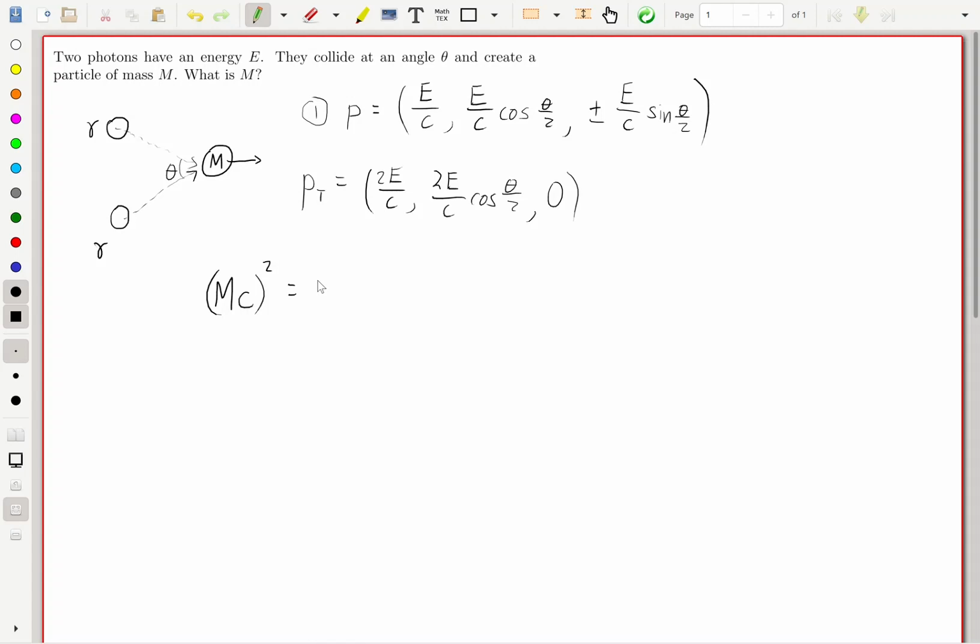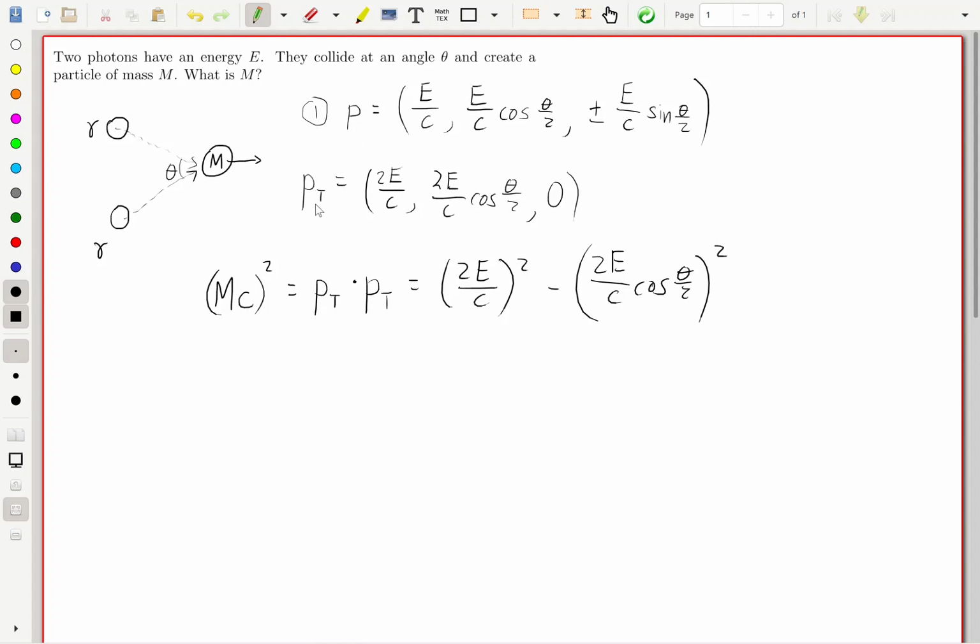And by taking the dot product with itself, we can express this as 2E over c squared minus 2E over c cosine of theta over 2 squared.